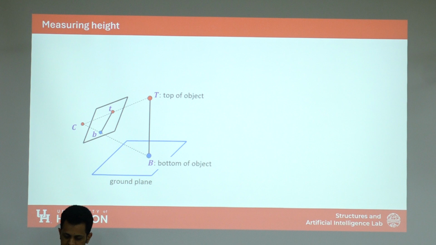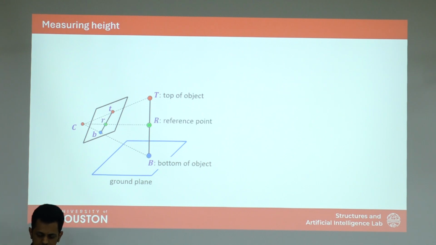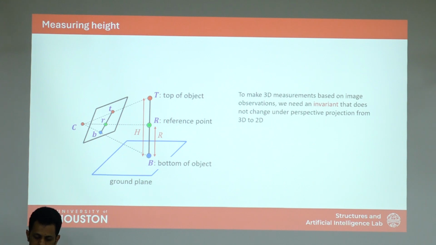This is our scene. I have top of the object, bottom of the object, top of the object in the image, bottom of the object in the image. And say I have some reference point. I need to find this H over R ratio, but to do that, I can take advantage of some known invariants.